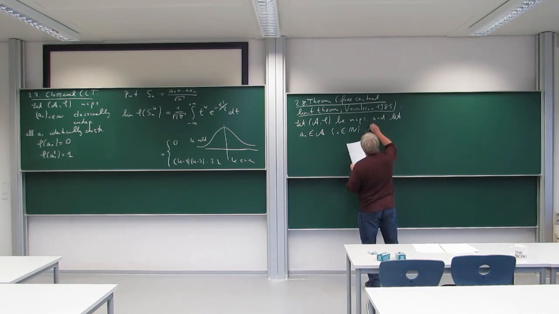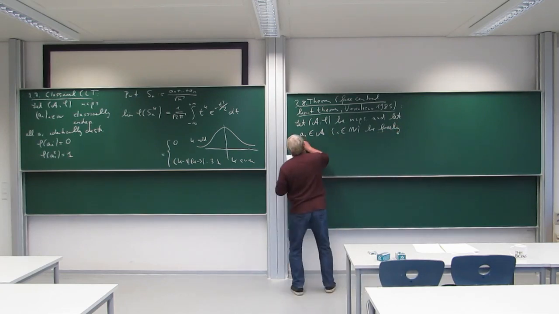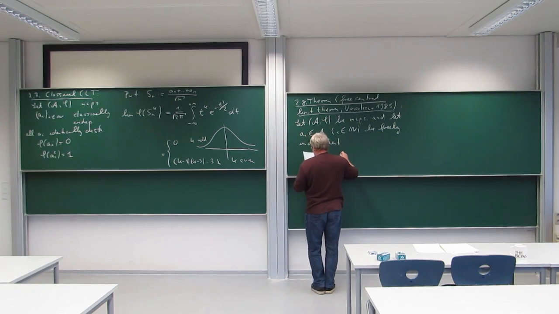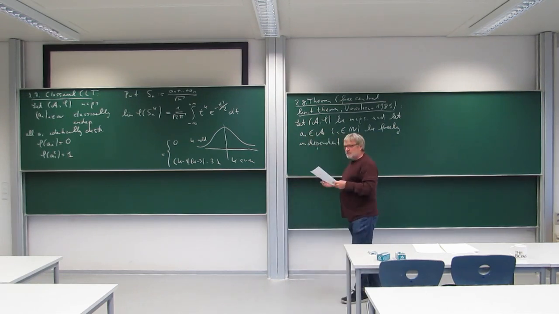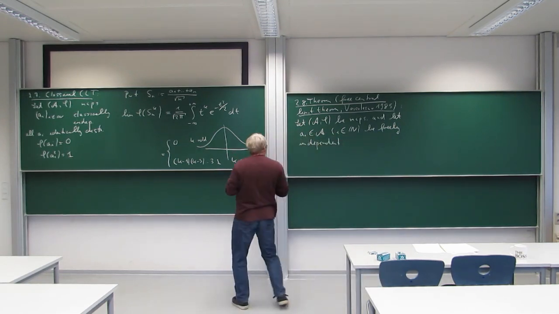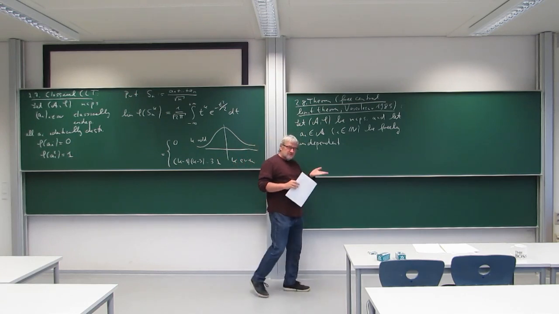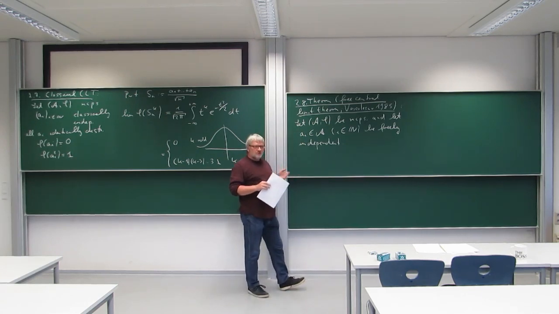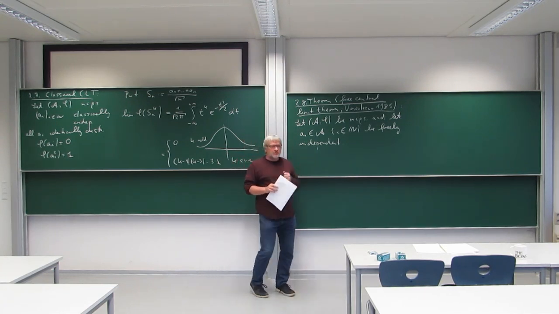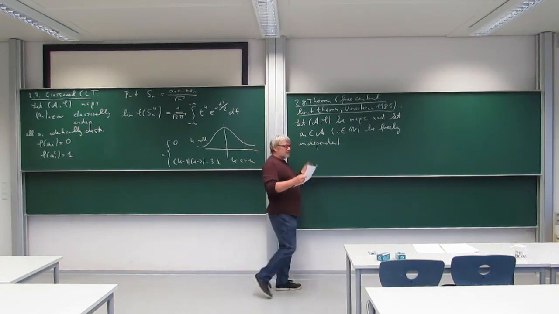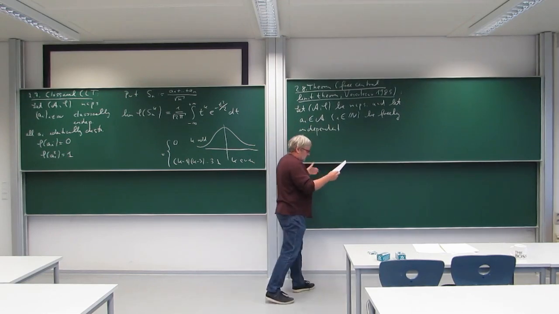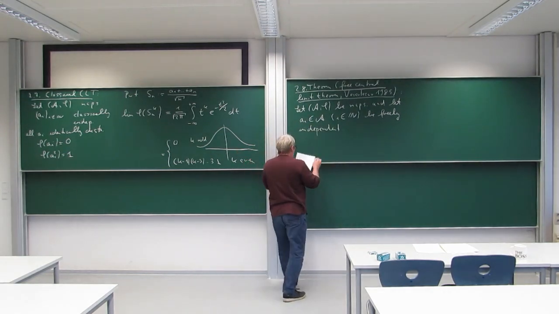Let those guys be freely independent. And again, we make the same assumptions on the distribution of the individual variables. I mean, of course, freely independent means I can calculate all these moments if I know the distribution of individual variables. So I must assume something on them. And of course, again, make the same assumptions.